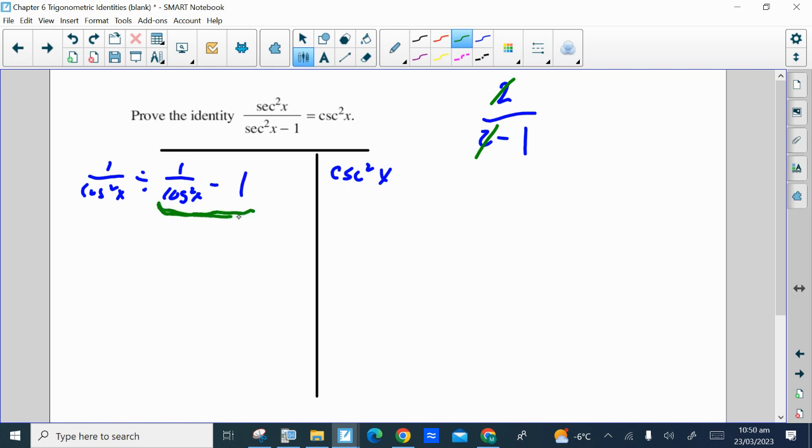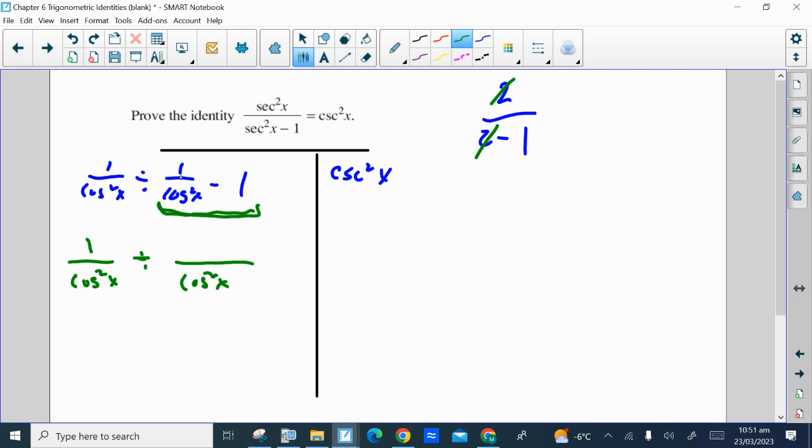I'm going to combine these two terms together by getting a common denominator. So I'm going to have 1 over cos squared x divided by, my common denominator here will be cos squared x. This 1, the second term, would be 1 over 1. I want to write that with the denominator of cos squared x, which means I'd have to multiply bottom and top by cos squared x.